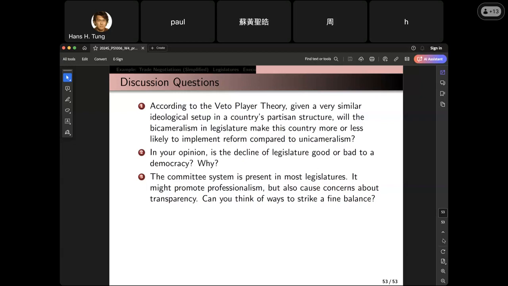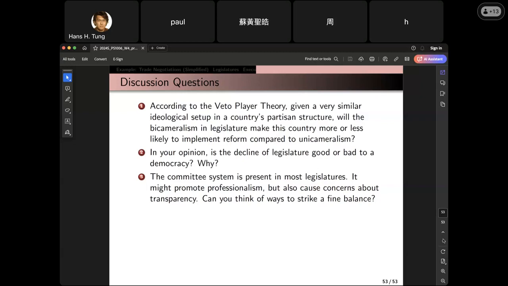But at the same time, the problem is that legislators outside the committee might not be able to know what's happening inside the committee. And therefore, it becomes less transparent. So there's some kind of trade-off between professionalism versus transparency. That's another worry.